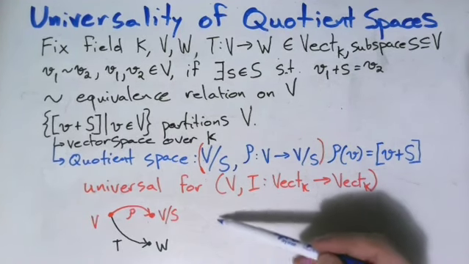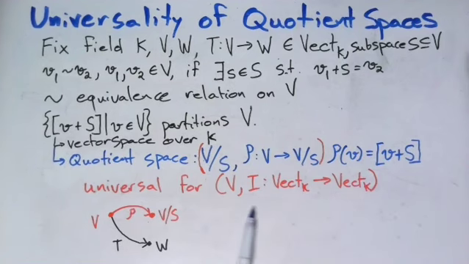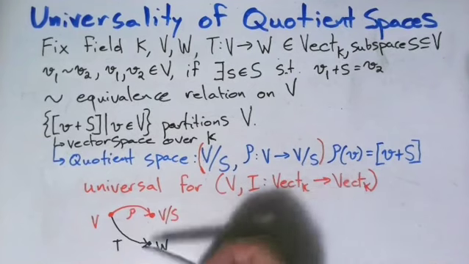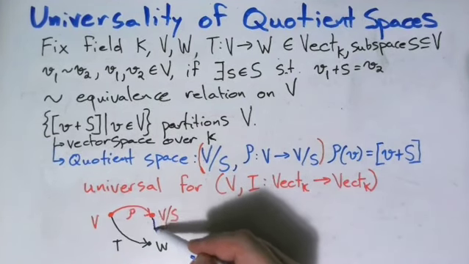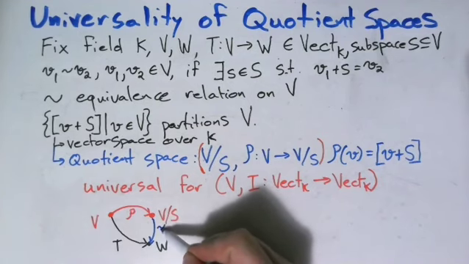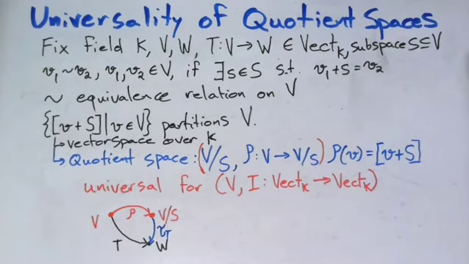And normally we'd have to draw it over on this side with a functor going this way. But this is just the identity functor in this case. So we can just move it right over here. It's just going to map to itself, so no need to draw it. We can just plug it right in here. We're going to have some unique tau of T going from the quotient space into W such that this diagram commutes.